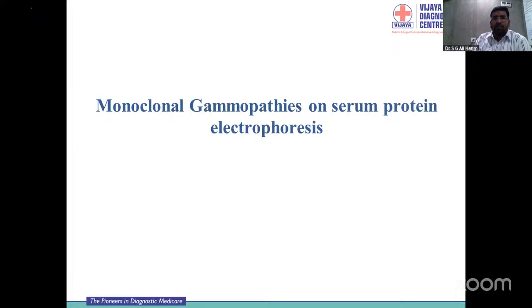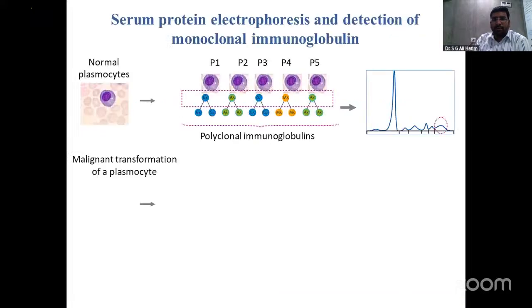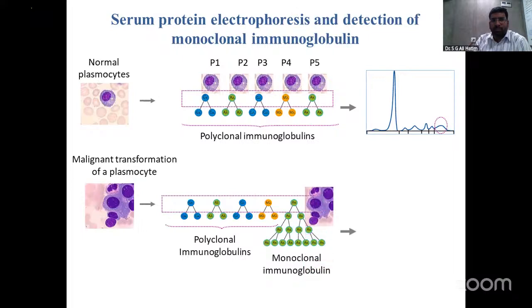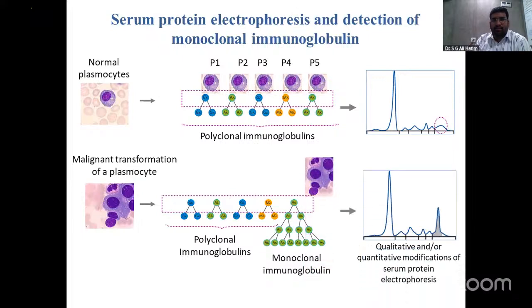So coming to monoclonal gammopathies, how do we see the electrophoretic pattern? This is the normal pattern of plasma cells, which you can see on the right side. Whenever there is malignant transformation, that means one plasma cell is malignantly transforming and multiplying its count, and there you can see monoclonal immunoglobulins.